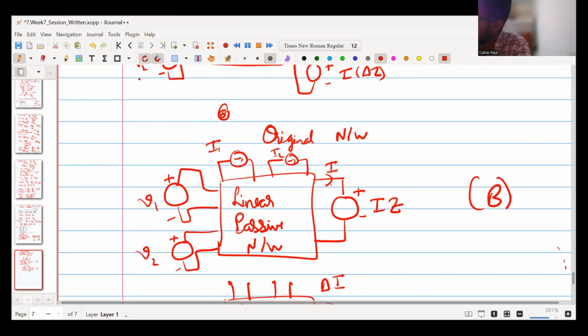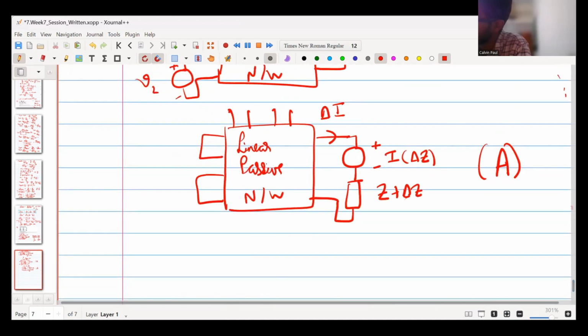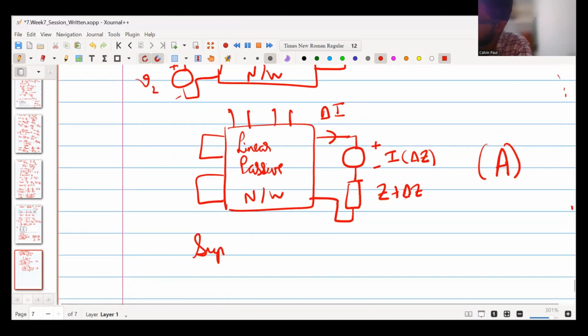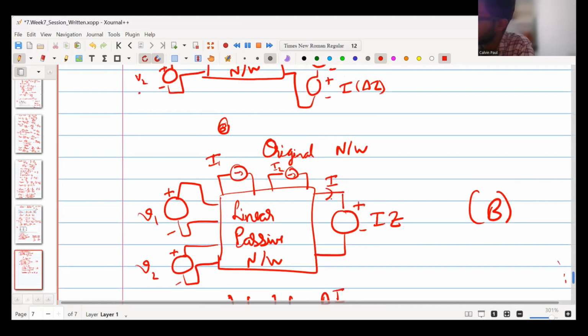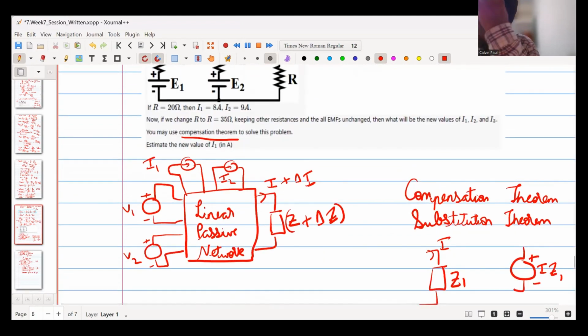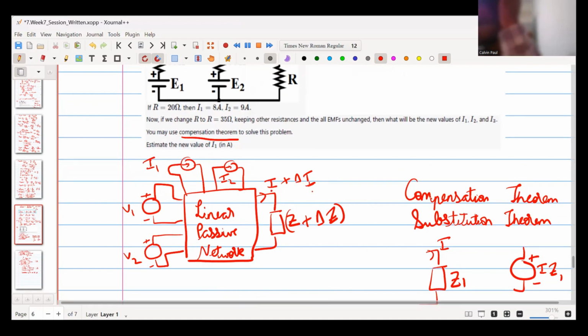Now, when you add A and B, you do superposition of A and B. You will get this circuit. Voltage sources are still present. Current sources are still present. The current here is I plus delta I. Right?